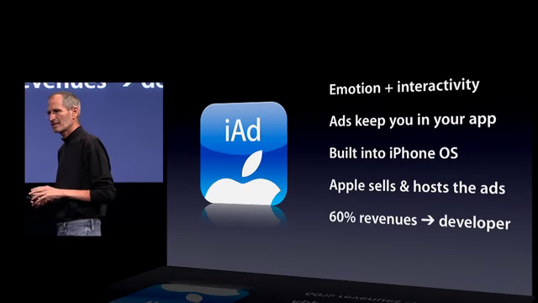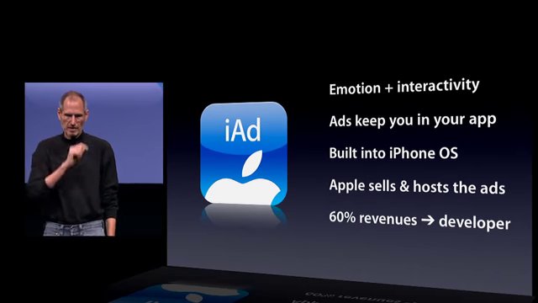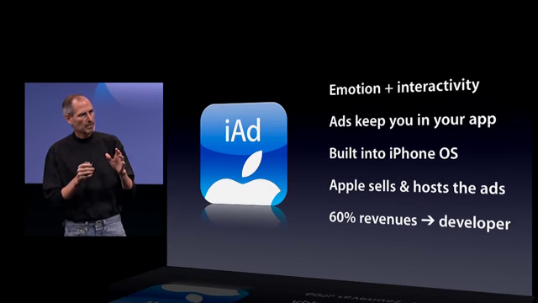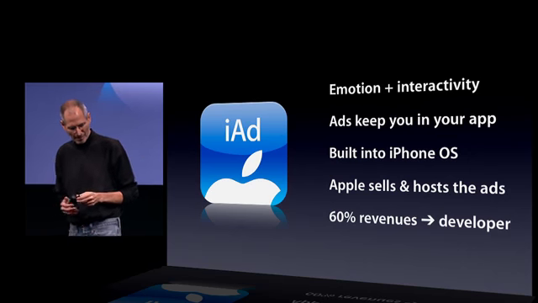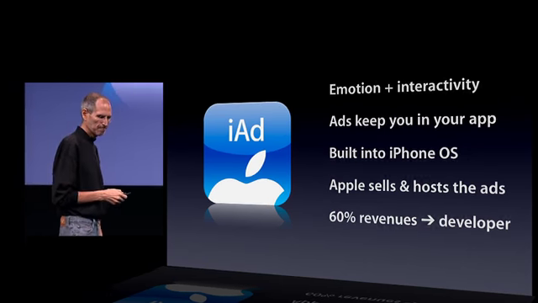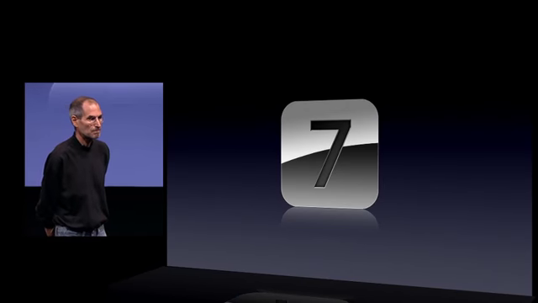So you're much more likely to click on them and want to go explore them, because you can always get back with just a touch. They're built into iPhone OS. iAd, the framework, makes it really easy for developers to add iAd opportunities to their app. Apple will sell and host the ads, and the developer will get the majority of the revenue. So that is iAd, and that is our 7th tentpole.